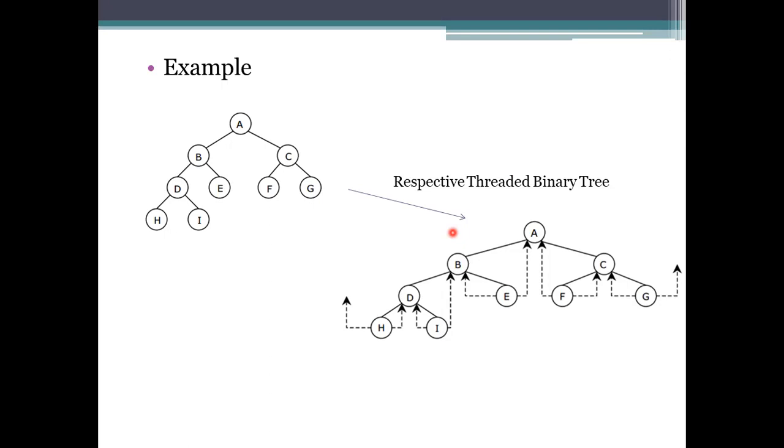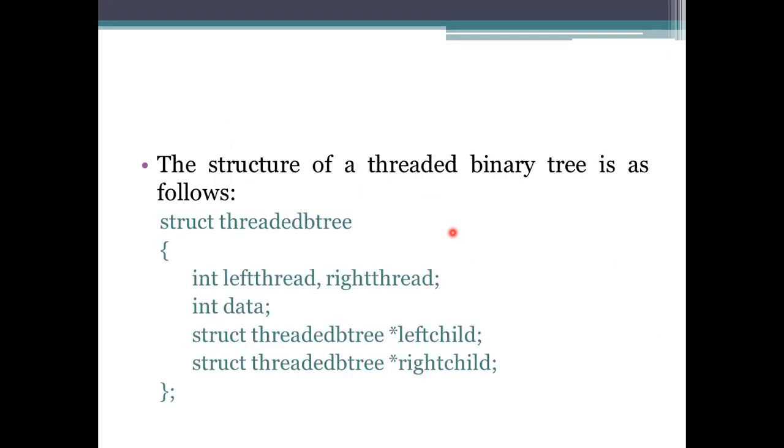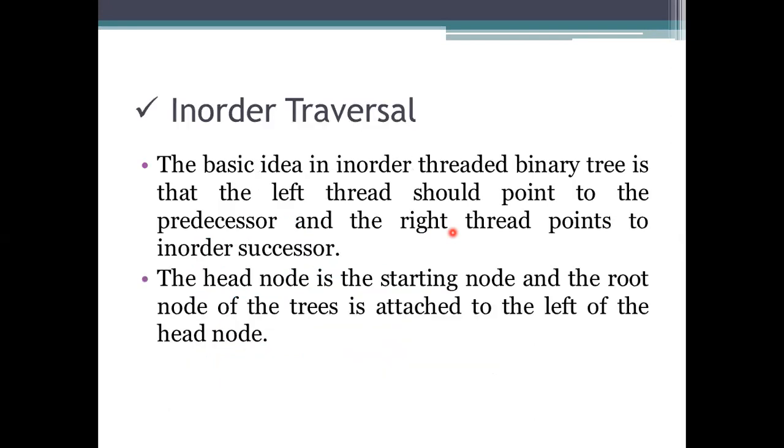By that, what happens here is we don't need to represent it, so there is no wastage of that processing. It will be returned to its own processing or its node which you have specified. How we get this threaded binary tree into this representation is, we need to present a left thread, right thread, and then a data presentation, and where to point is to be considered by the 2 pointers, left child and right child.